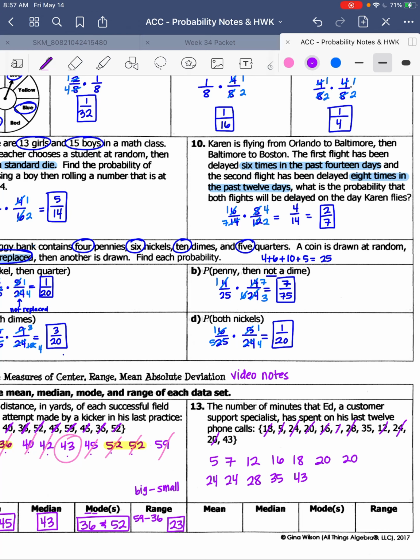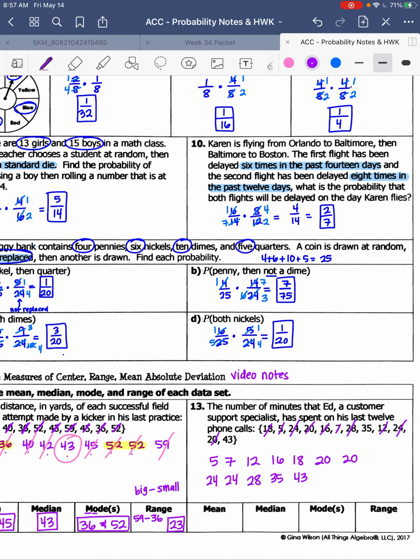So let's find the mean. In order to find the mean, I'm adding all of those numbers together. So 5 plus 7 plus 12 plus 16 plus 18 plus 20 plus 20 plus 24 plus 24 plus 28 plus 35 plus 43.